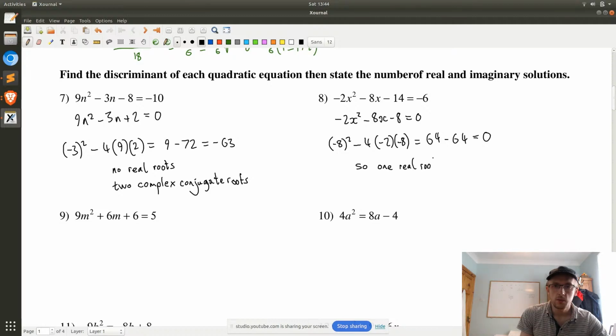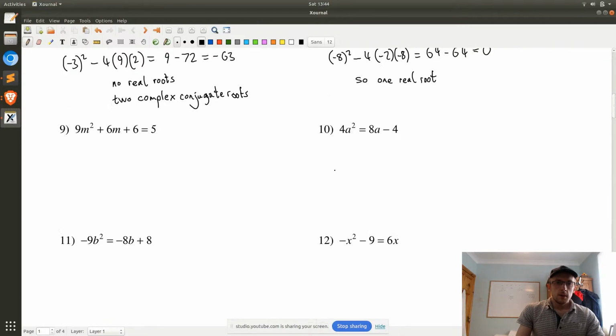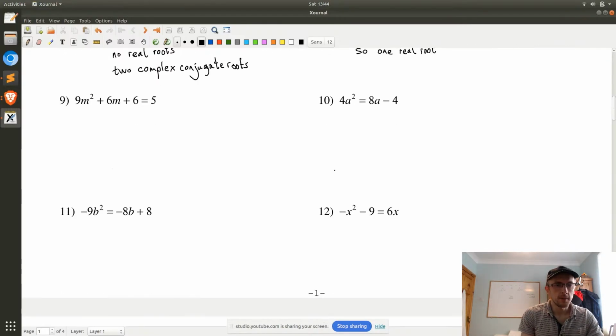So one real root repeated. 9m squared at 6m at 6 equals 5. Take 5 from both sides. B squared minus 4ac. 4 times 9 times 1.